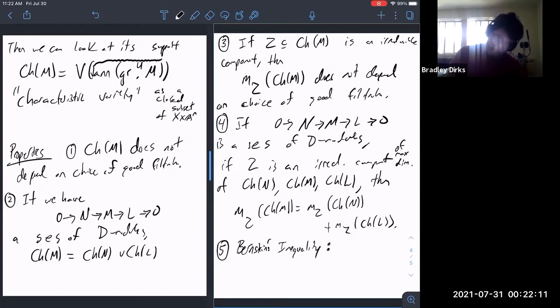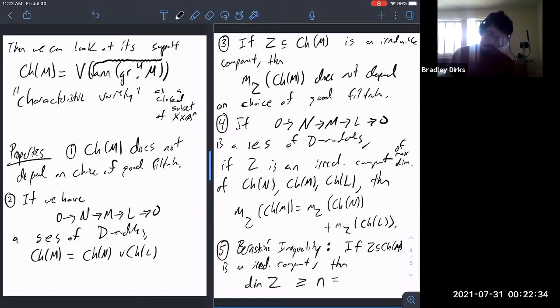And so this says that if Z is, that's M, an irreducible component. So now this doesn't have to do with max dimension or anything. Then the dimension of Z is greater than or equal to N, which is the dimension of X, right?